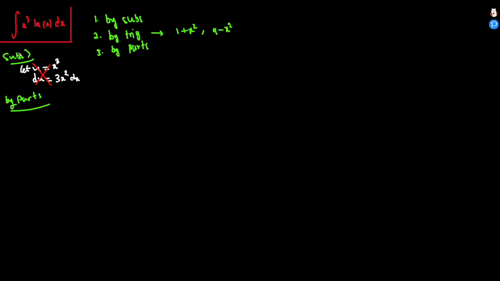Let's recall the by parts formula. If you have an integral of f of x times g prime of x, a function times the derivative of some other function, this equals f of x g of x minus the integral of f prime of x g of x.